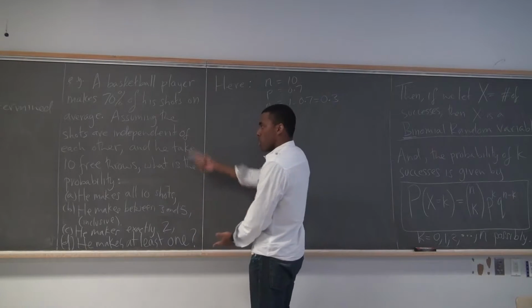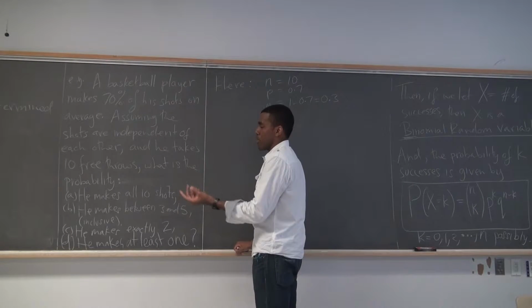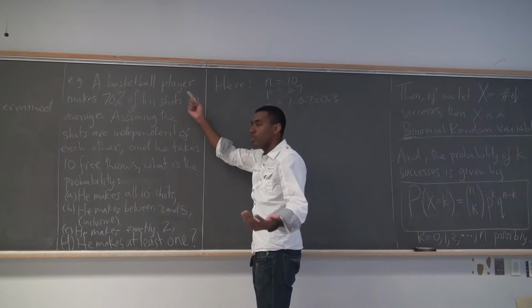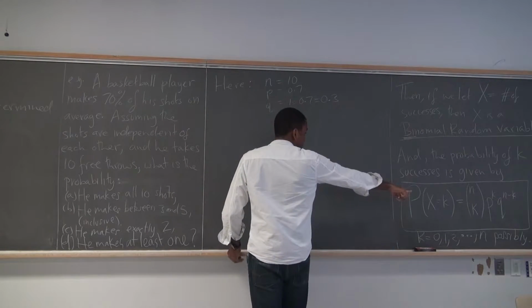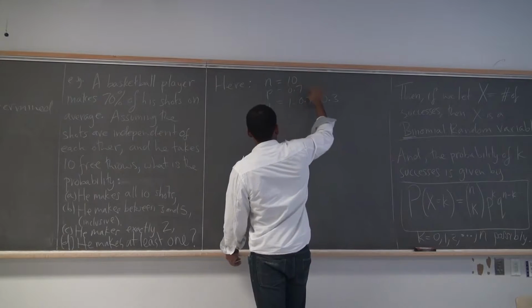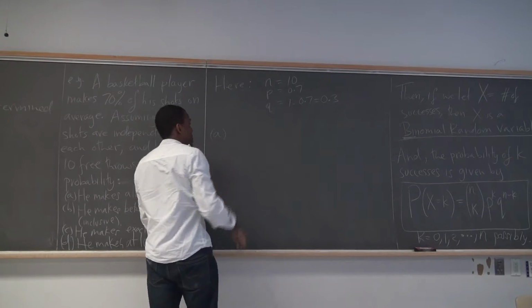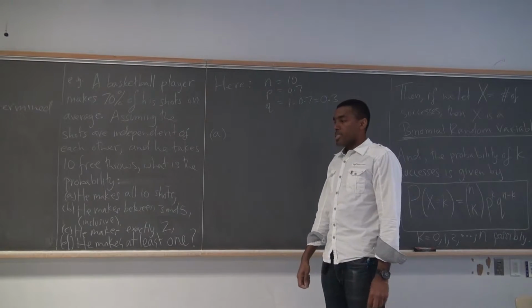So once we figure out, oh, this is binomial, right? There are only 2 possible outcomes. He either makes the shot or he doesn't. They're all independent, and he's doing the same thing over and over. This is binomial. So then I need to know what all these variables are. I need to know my n, my p, my q. Now let's look at part A. How many successes do I want?